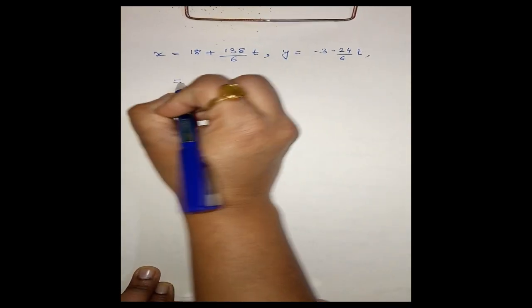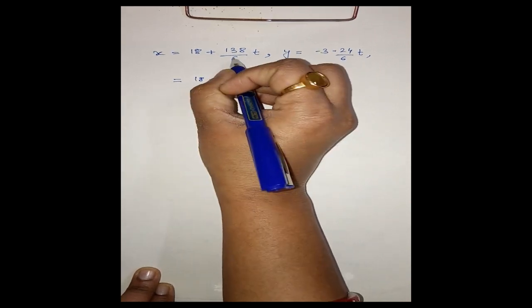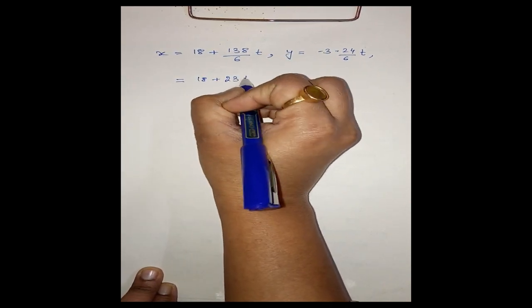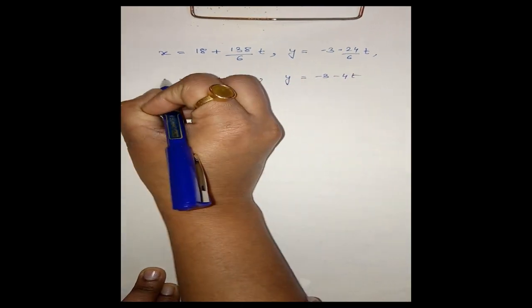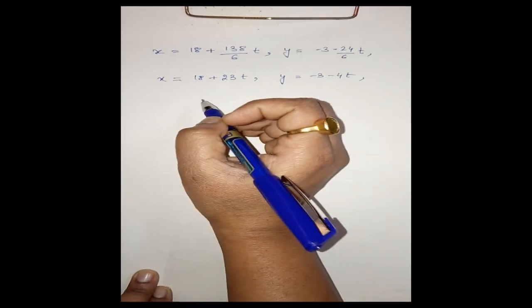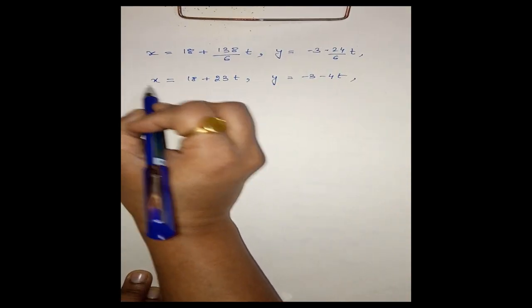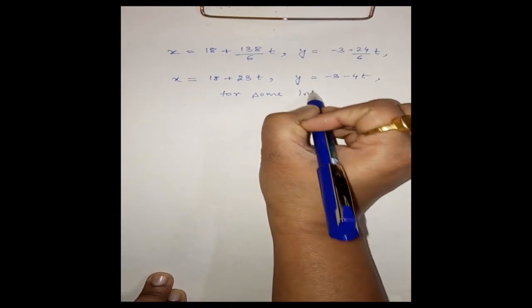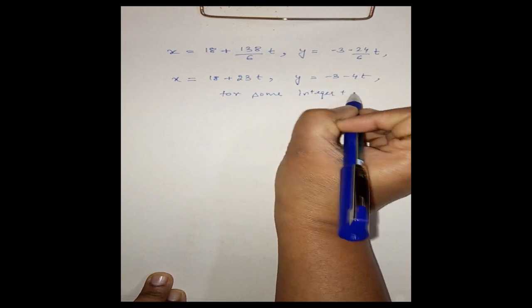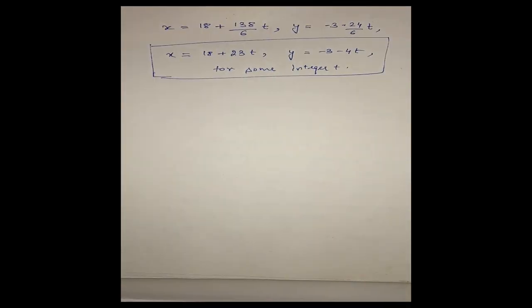That is, x is 18 plus 23t and y is minus 3 minus 4t, for some integer t. This is the solution of the given linear Diophantine equation.